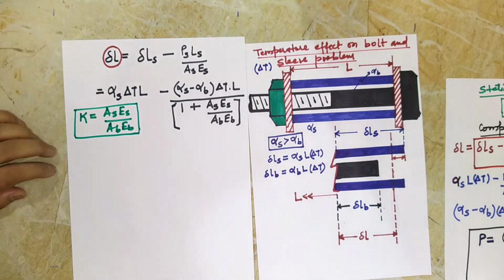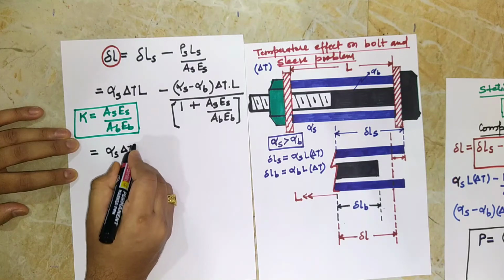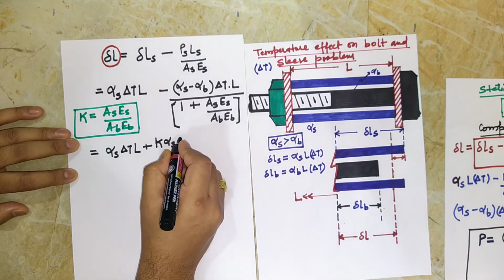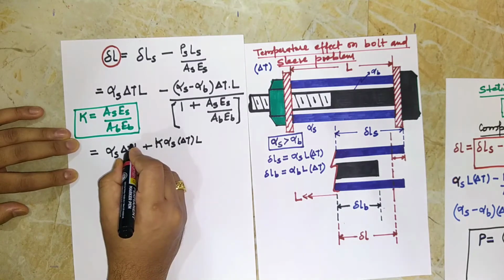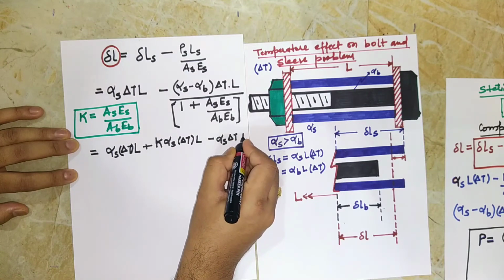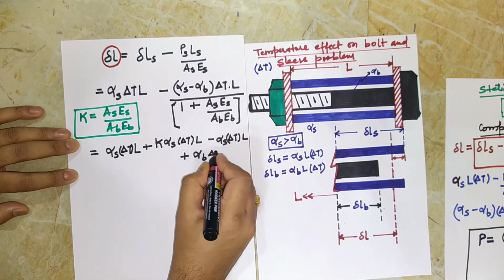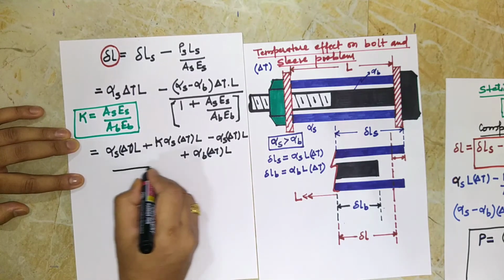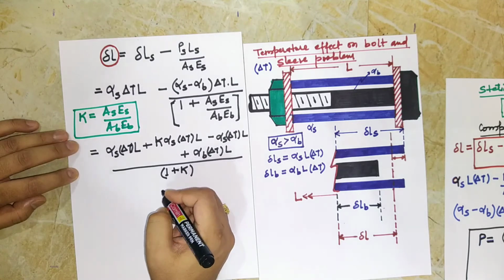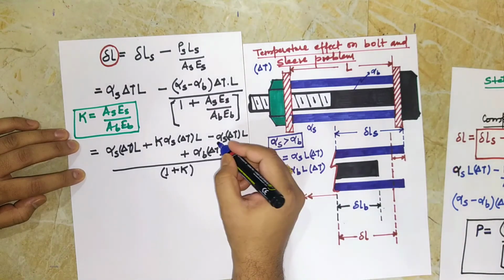So now we'll write this as alpha S del T into L plus K alpha S del T into L minus alpha S del T into L plus alpha B del T into L, all divided by 1 plus K. So here we find that alpha S del T into L and alpha S del T into L will cancel.